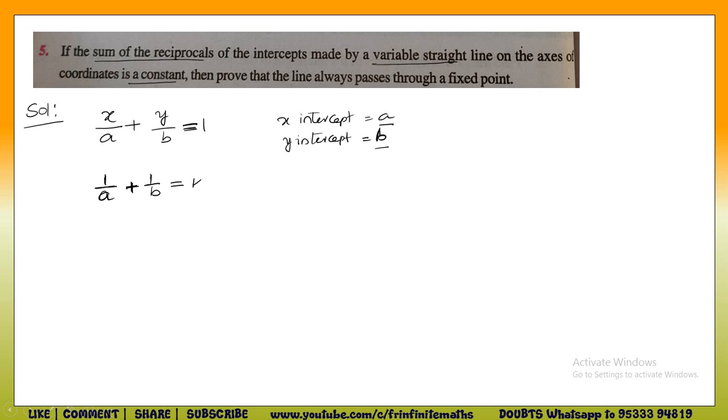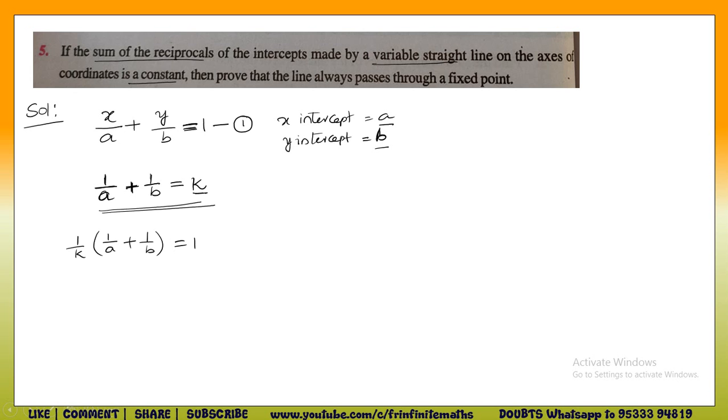So let it be some k. So 1 by a plus 1 by b is equal to k. This is my equation, and this is the condition that he has given. If I rearrange it, I transpose k to the other side and write 1 by k times 1 by a plus 1 by b is equal to 1.